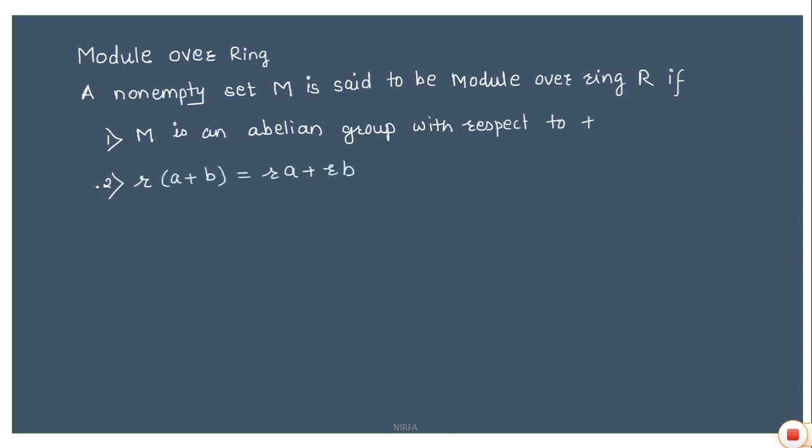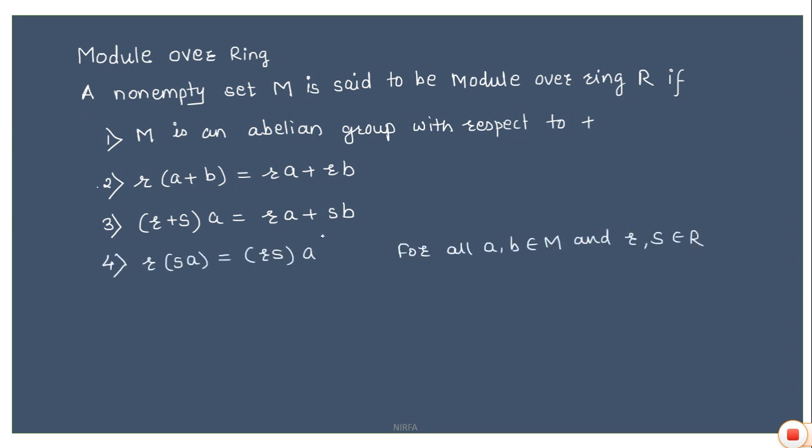R times A plus B is equal to R times A plus R times B. R plus S times A is equal to R times A plus S times A. R times SA is equal to RS times A. And this is true for all A, B belonging to M and R, S belonging to ring R.